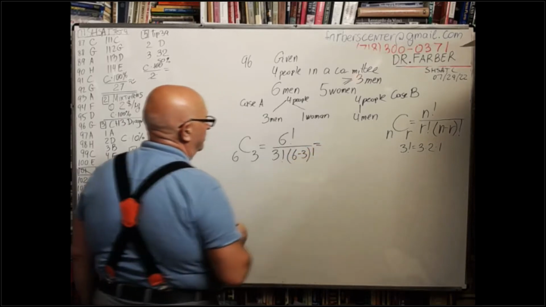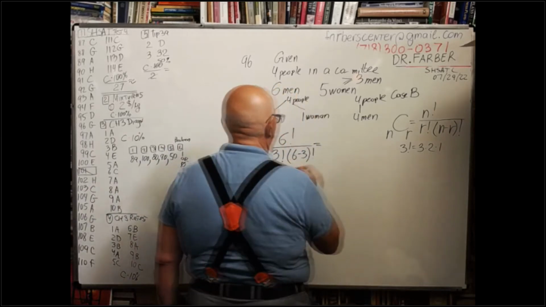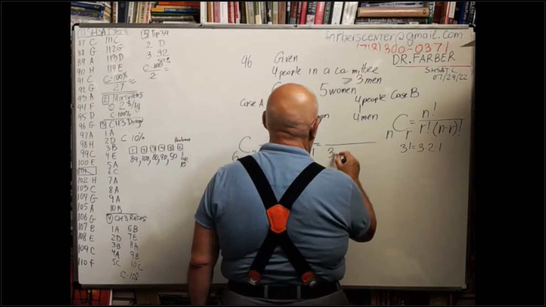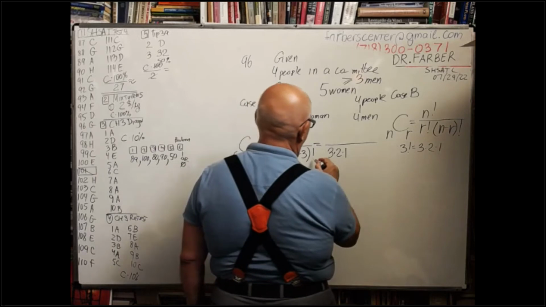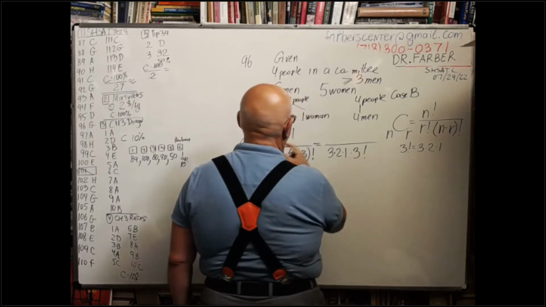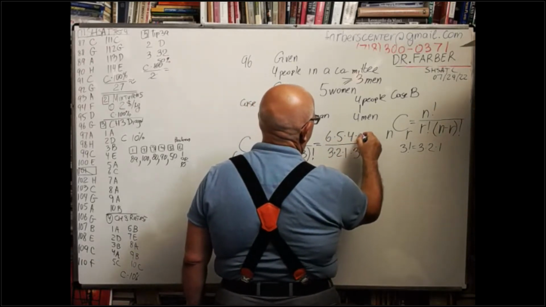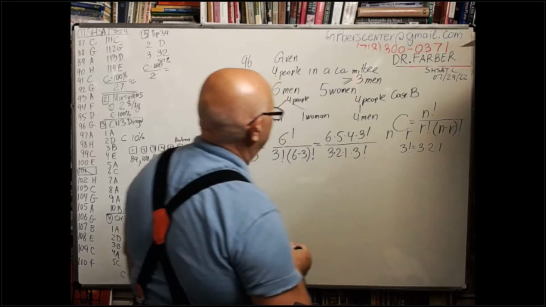This is 3 times 2 times 1. This is 3 factorial. This is 6 times 5 times 4 times 3 factorial, instead of writing this.